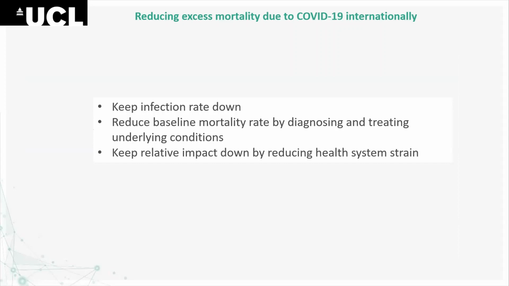Keeping the infection rate down, whether pre-vaccination by social distancing and lockdown measures, and now by vaccination, as well as reducing the baseline mortality rate by making sure that people are diagnosed and treated for underlying conditions. And then it's clear that we have had a big relative impact across the health system, which is reduced by making sure that the health system is not strained.